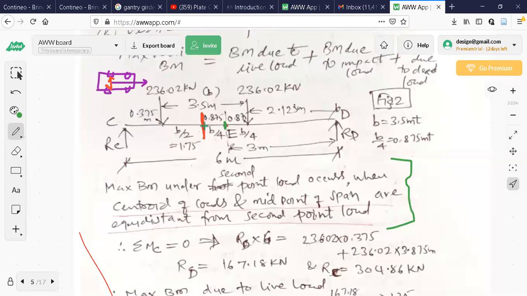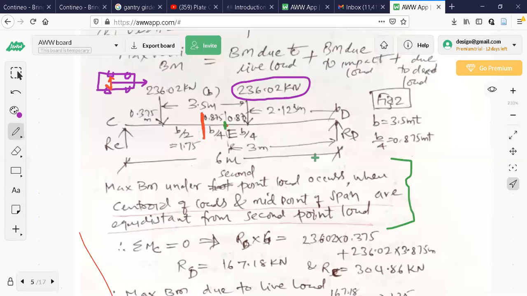Now these two are equidistant from the second point load. What is that second point load? Second point load is here. Now look at this one. Second point load is this one. It is equidistant. See this, midpoint of the span, that is this one, 0.875, 0.875.